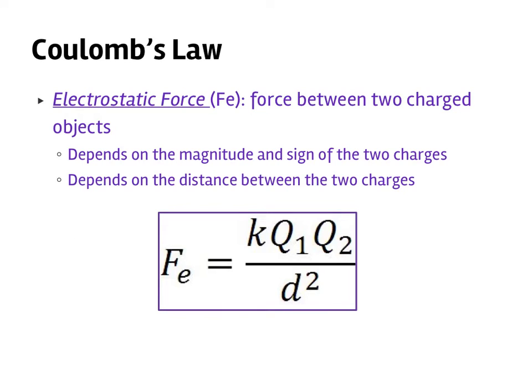This introduces what we're going to talk about today, which is known as Coulomb's Law. Coulomb's Law describes what is called the electrostatic force, which I symbolize as F with a subscript of E. Again, it is a force. A force, going back to what we talked about first semester, is a push or a pull, measured in newtons.